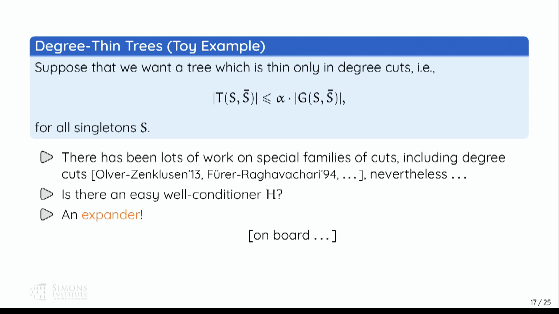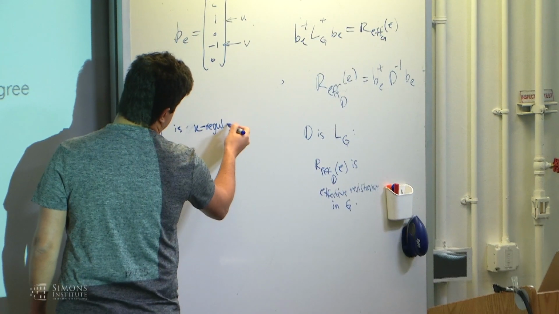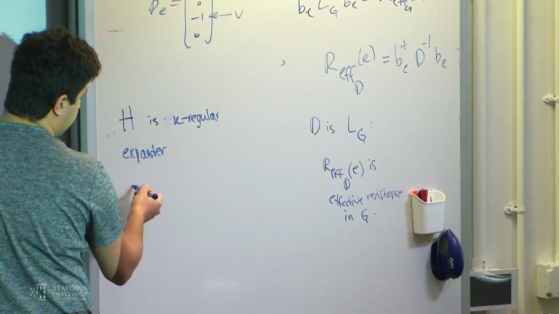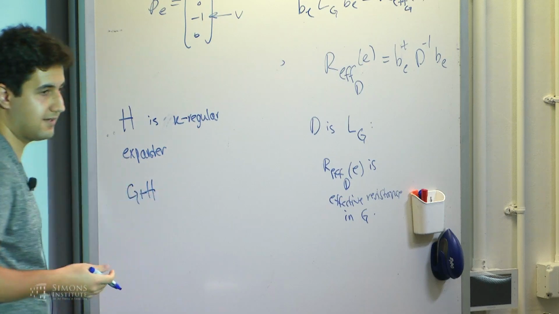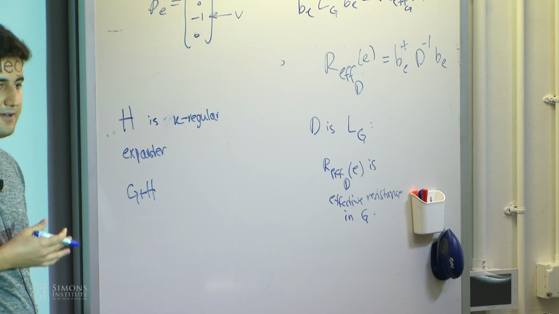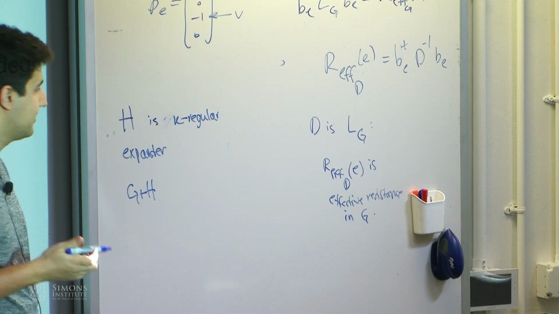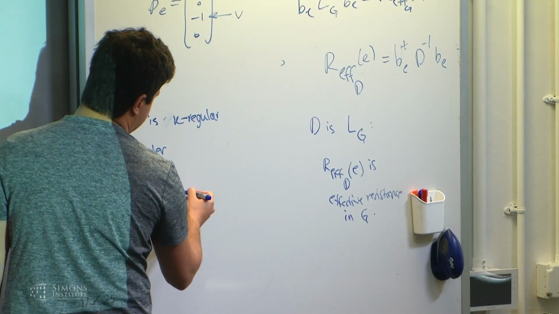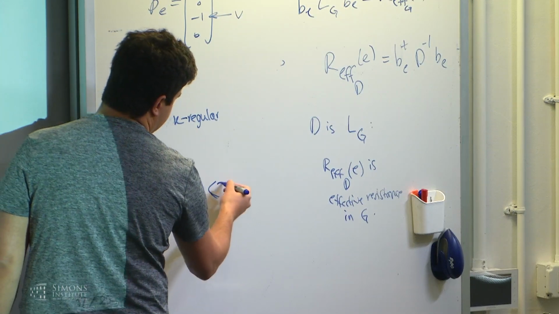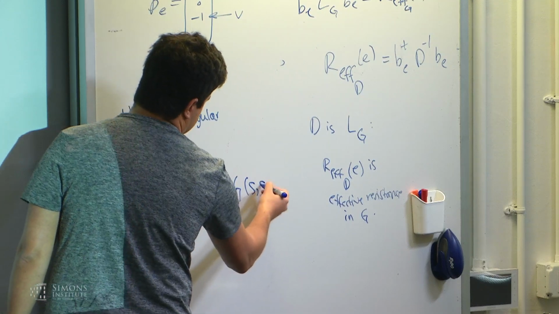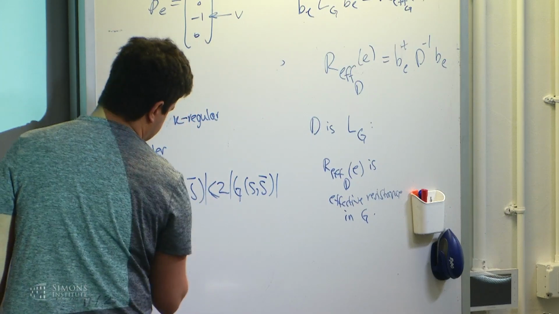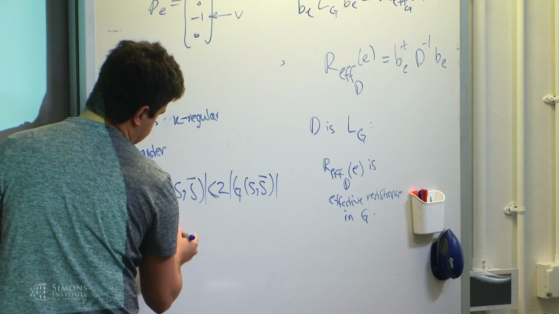So if H is a k-regular expander, then for G plus H, the degree cuts are not blown up, because each degree cut of G was at least k. So this thing evaluated at S and S complement is at most twice G of S and S complement, for degree cuts S.